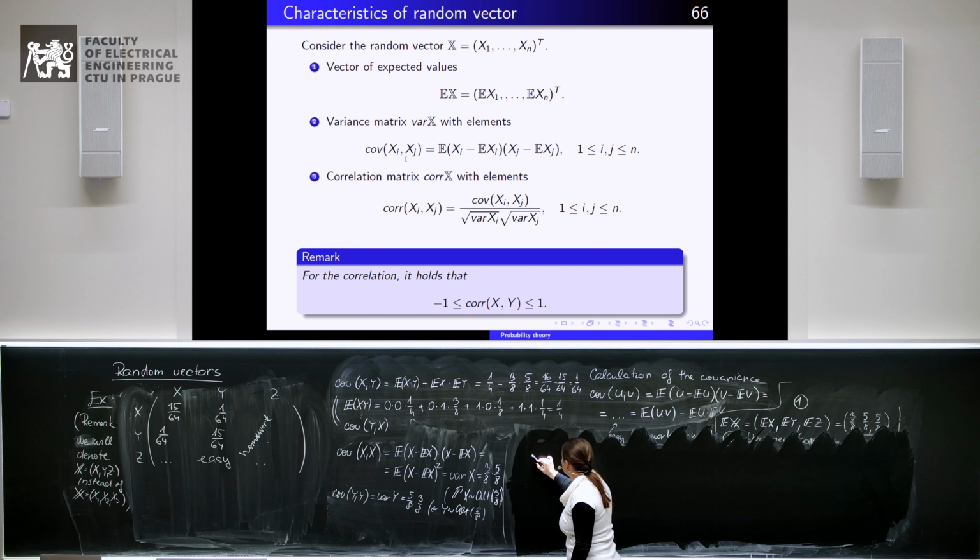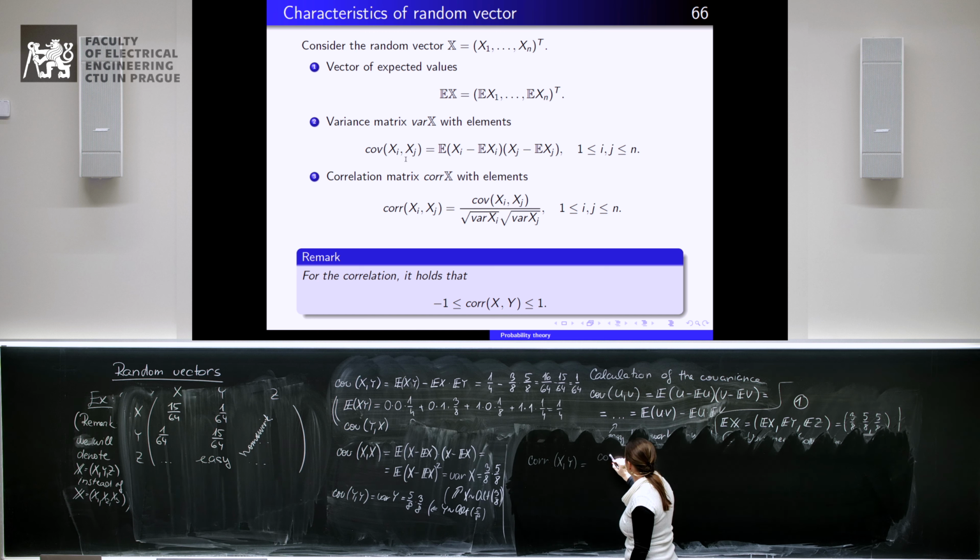In our case, the correlation of x and y is equal to the covariance of x and y over the square root of the variance of x times the square root of the variance of y.